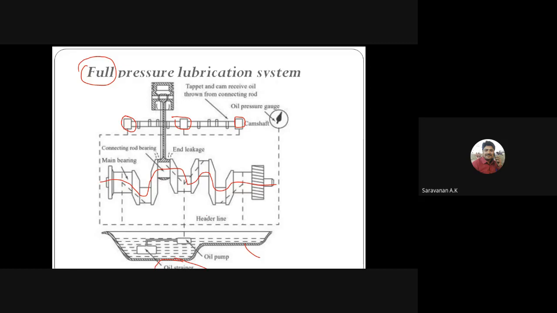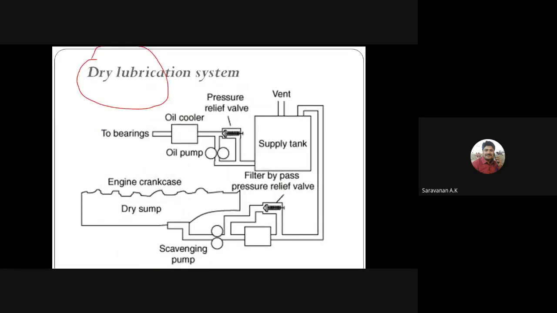So why? Because there is the wet sump lubrication system and another is the dry sump lubrication system. The difference between these two is that here the oil will always be in the oil sump, so the system will always be in wet condition. For that reason it is called the wet sump lubrication system. The next one is the dry lubrication system.